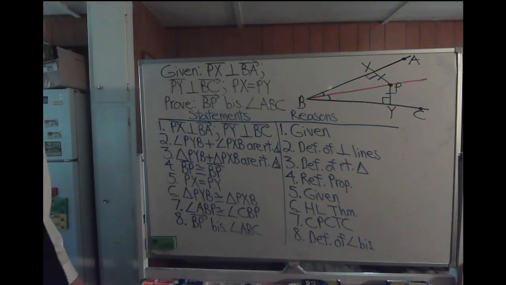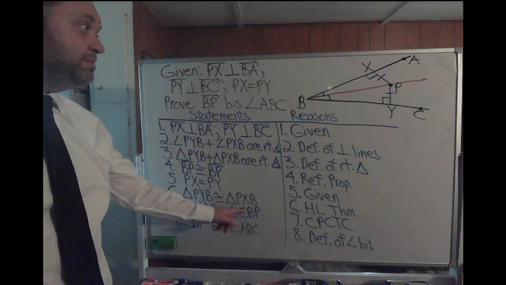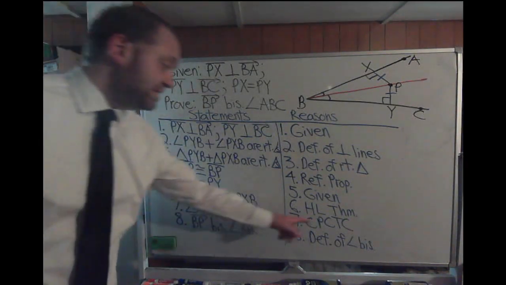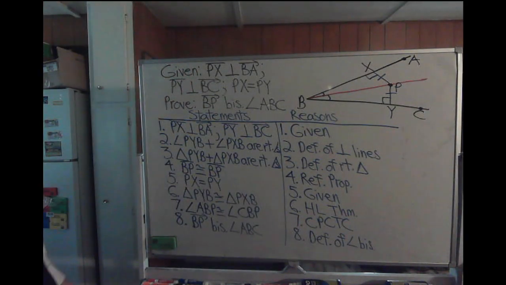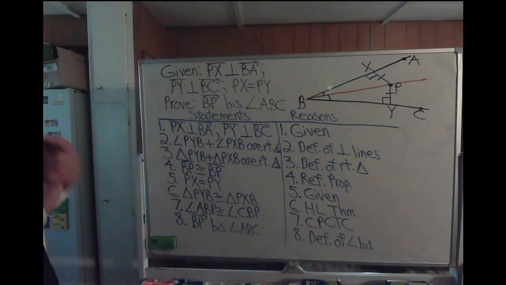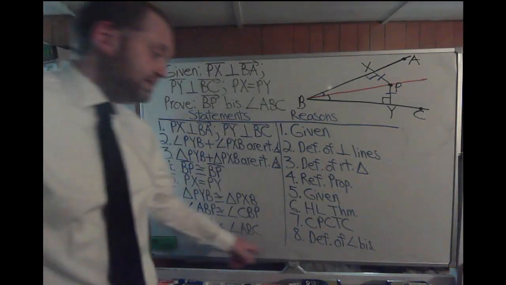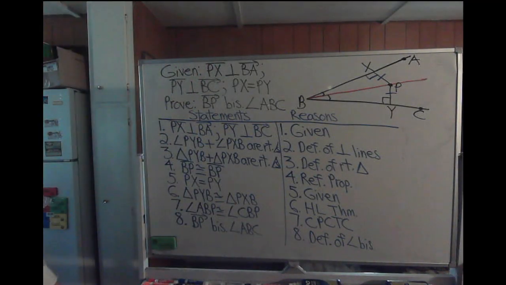And then we can conclude that angle ABP is congruent to angle CBP by CPCTC. Corresponding parts of congruent triangles are congruent. Then last but not least, ray BP is the bisector of angle ABC based on the definition of angle bisector.